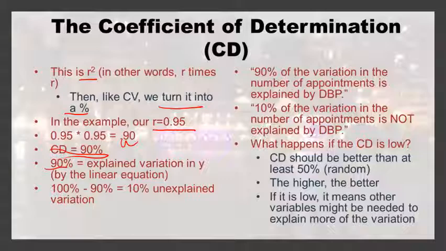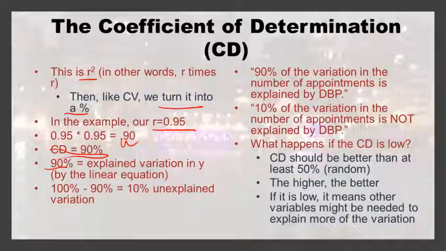So in this equation, the CD is what tells us that. 90% of that variation happening in your y, the amount of appointments that the patients require, is happening because of the x, which is our diastolic blood pressure readings.